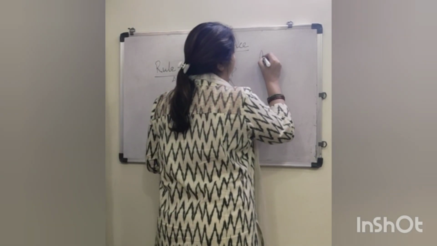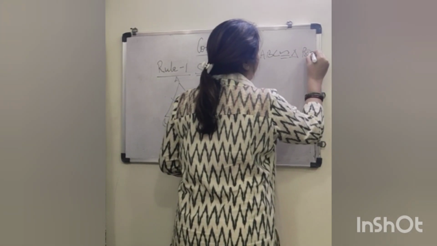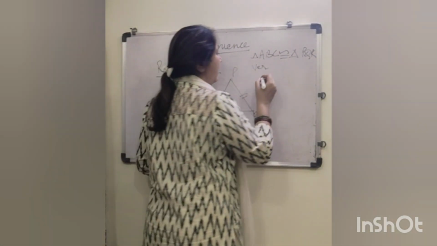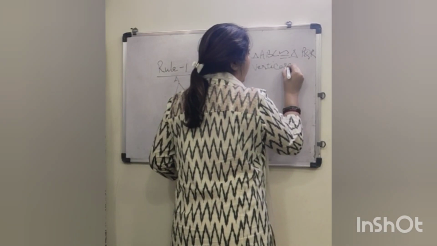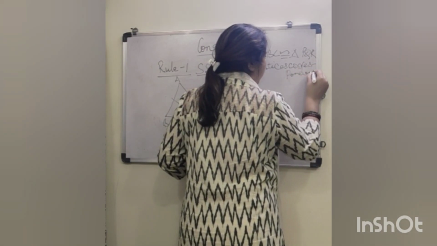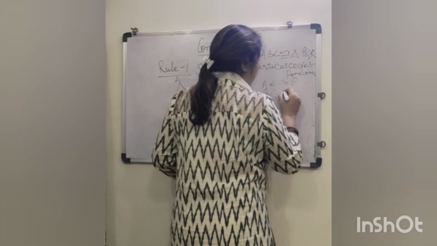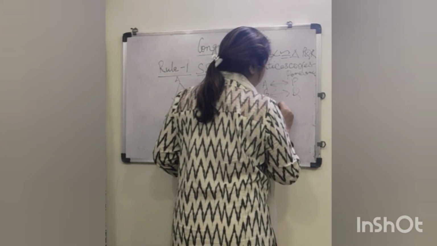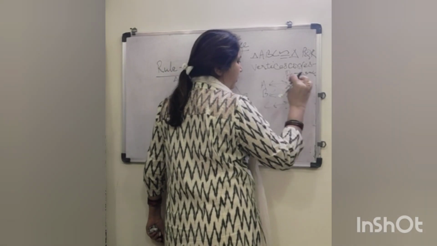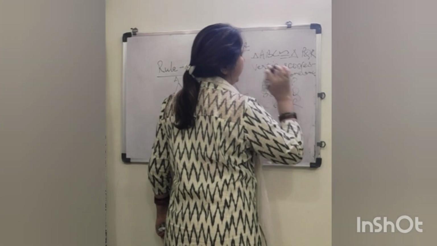But still I can tell you, if I write triangle ABC congruent to triangle PQR, then the vertices correspondence is: A corresponds to P, B corresponds to Q, and C corresponds to R. When you take sides, side AB is equal to side PQ, side BC is equal to side QR, and side CA is equal to RP.